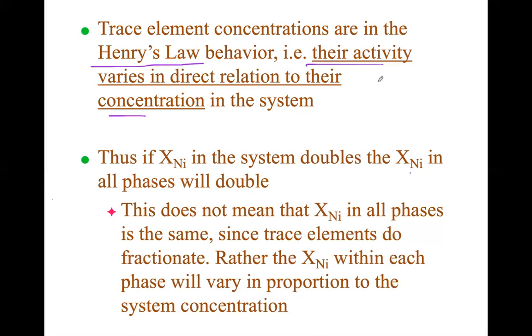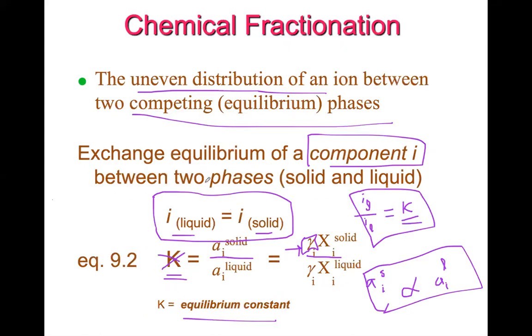That means for a given element, its activity is proportional to its concentration, right? The trace element behavior in magmatic systems is according to this Henry's law pattern. So we call this equation the Henry's law equation also due to that reason, right?